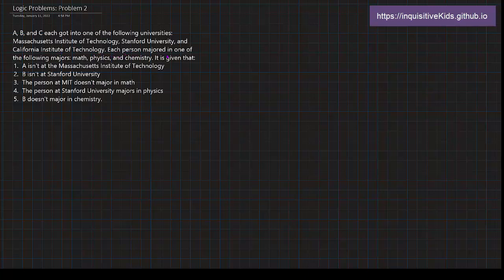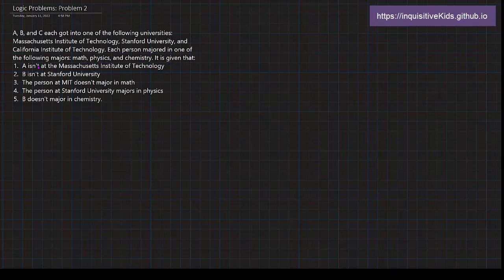Each person majored in one of the following majors. Major is what you mainly study, if you want to put it in simpler words. What you mainly study could be history, or it could mainly be literature. So these people each majored in one of the following majors: math, physics, and chemistry.